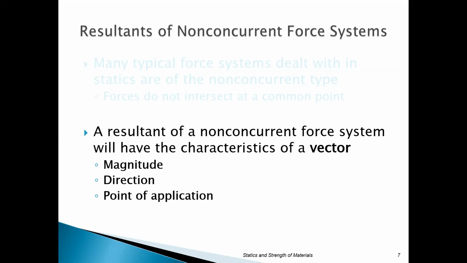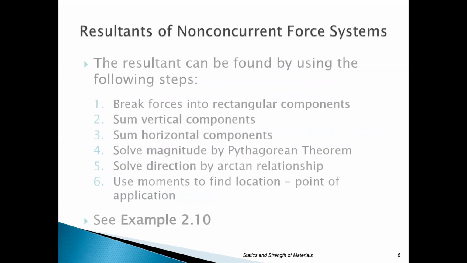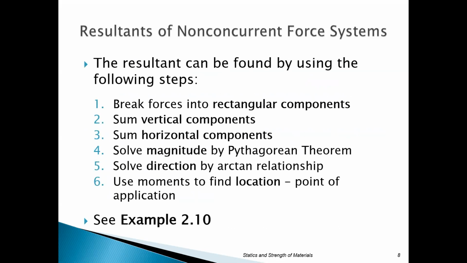But let's take a look at the steps that we go through when we do this, okay? So when you have a non-concurrent force system and you want to solve the resultant, you can basically use these 6 steps. You don't always have to use them because sometimes things are already broken down. But the first thing you want to do is any forces that are not truly horizontal or truly vertical, you want to break them down into their rectangular components.